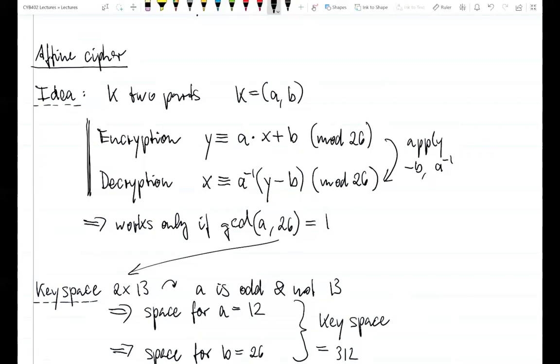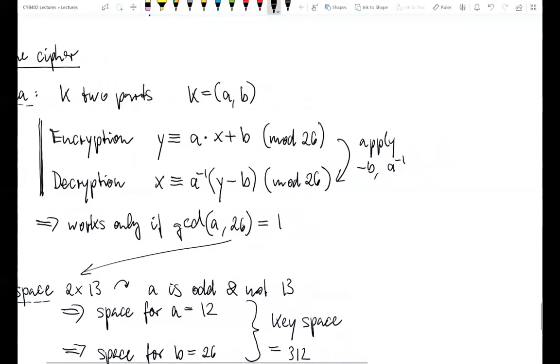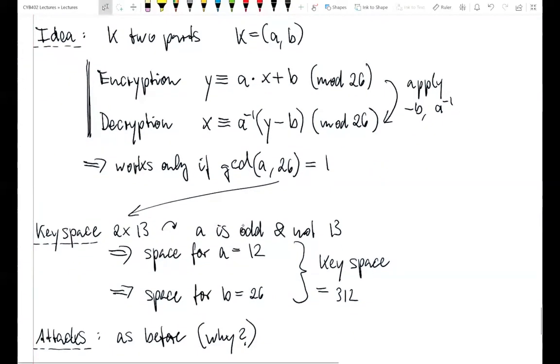So, what does work then? Remember that 26 is 2 times 13. Which means that A cannot be divisible by 2, and it cannot be divisible by 13.